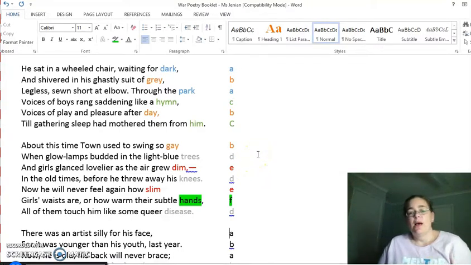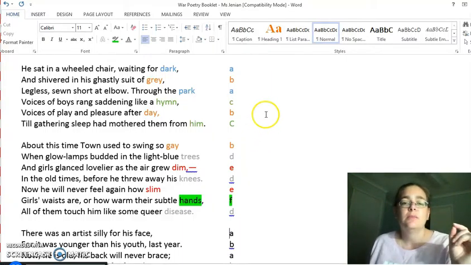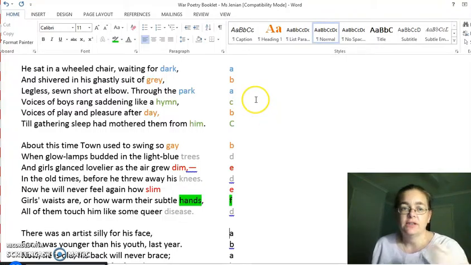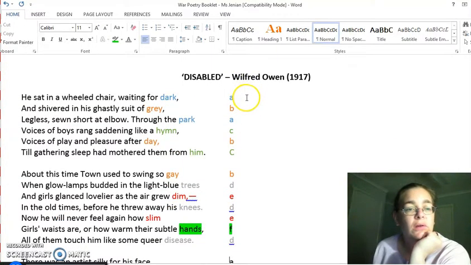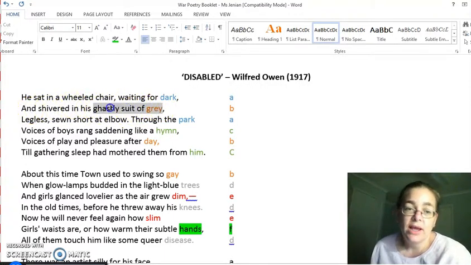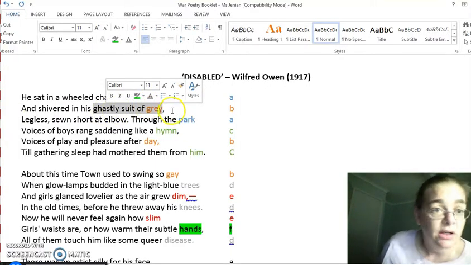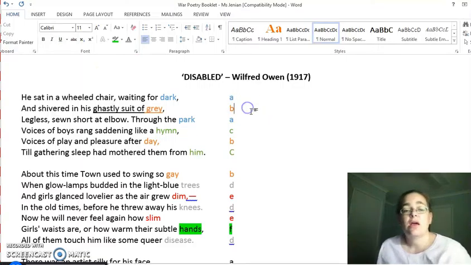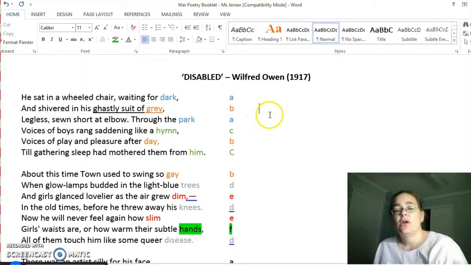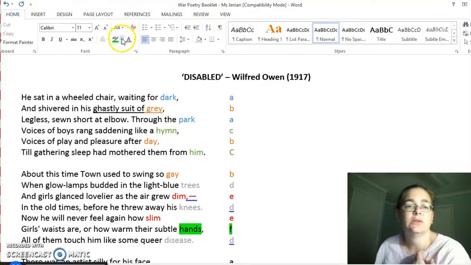The other thing we're going to talk about is some of the other literary devices. So the allusion for his ghastly suit of grey, I guess I should start highlighting things I'm going to underline. So this is really an allusion. Let's go back to our normal colours.